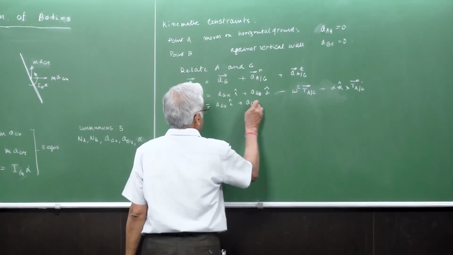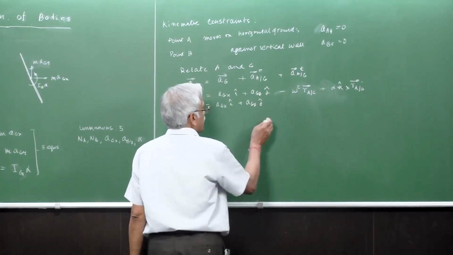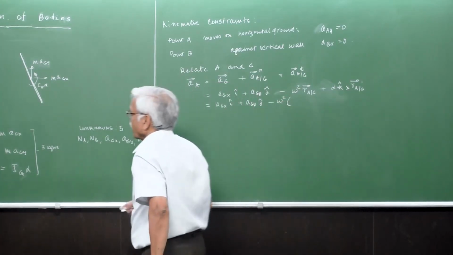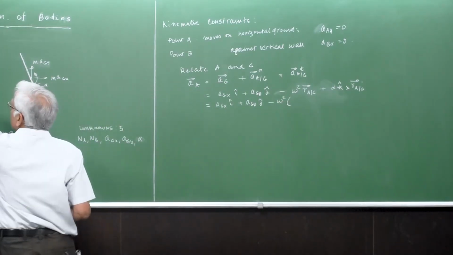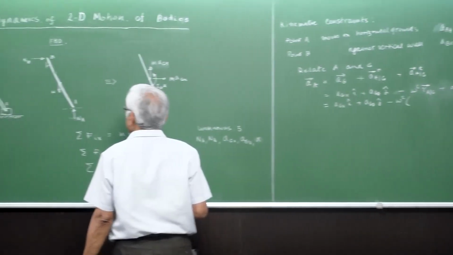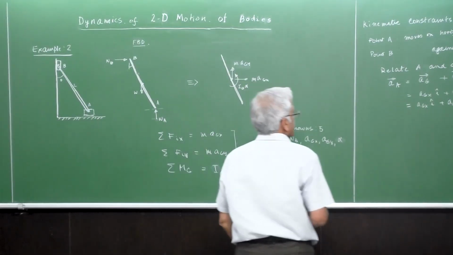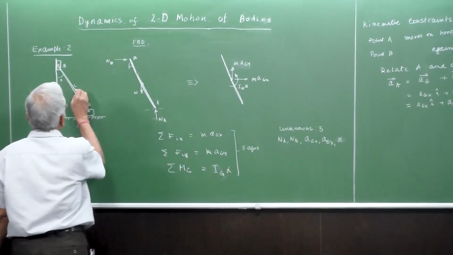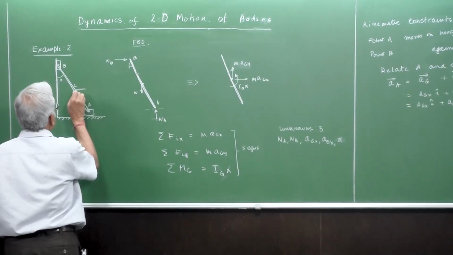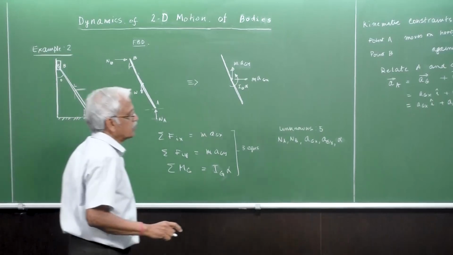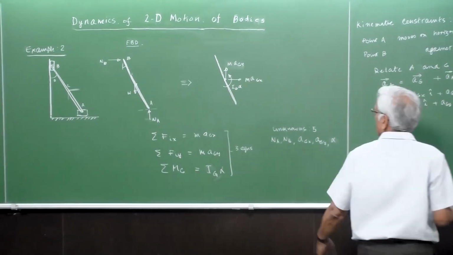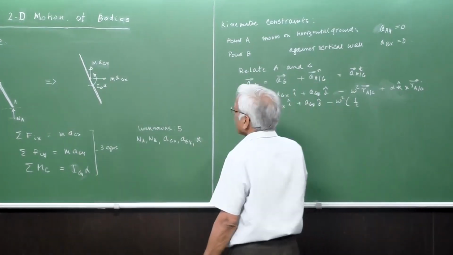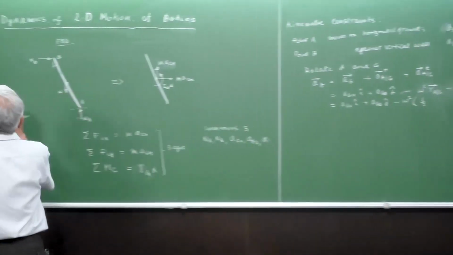So let's expand this one, and omega square of A with G. I'm sorry, A with G is how much? So this is A and G here. So A with G is L by 2, with this theta here.